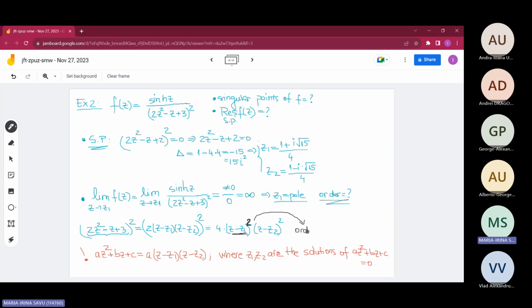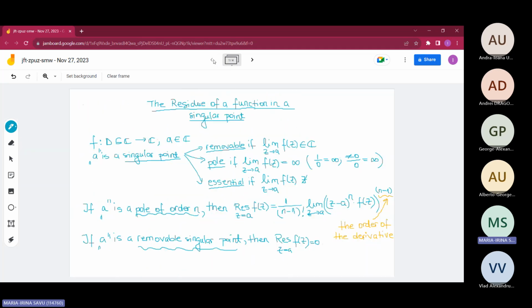So the order of z1 is 2. Okay, and you have to use the formula that you've seen at the beginning, which is this one, with n equals 2 because n is the order, and instead of a, you put z1.